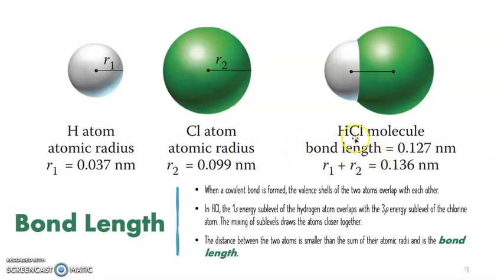The bond length of hydrogen chloride molecule is smaller than the sum of atomic radius of hydrogen and chlorine. Remember, the electrons are shared, so they tend to be squeezed close to each other, and therefore the total radius from one atom to the other atom is smaller.